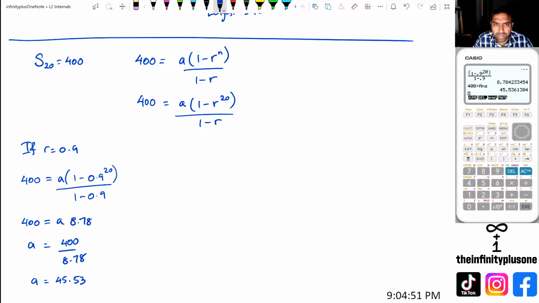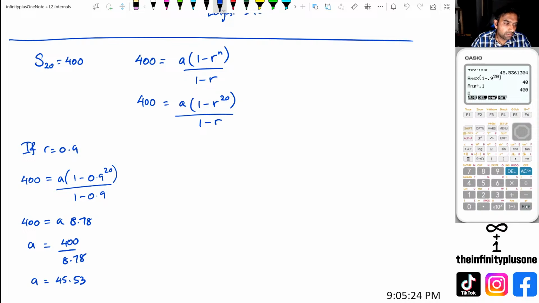If I go 45.536 multiplied by 1 minus 0.9 to the power of 20, and then divided by 0.1. No, it does work out. Sorry, it does work out. Cool. So that means the A value in this case is going to be 45.53.